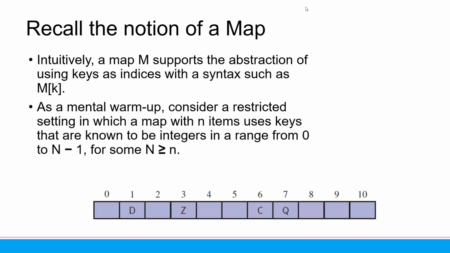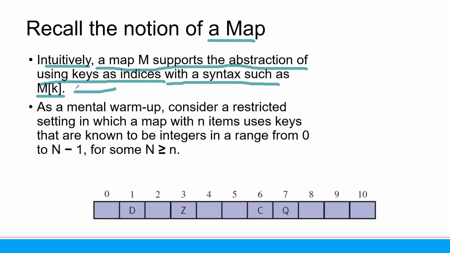You know already about the map. Intuitively, a map M supports the abstraction of using keys as indices, with a syntax such as M[k]. So if I use M[k], it means I want to check whether there exists key k or not.